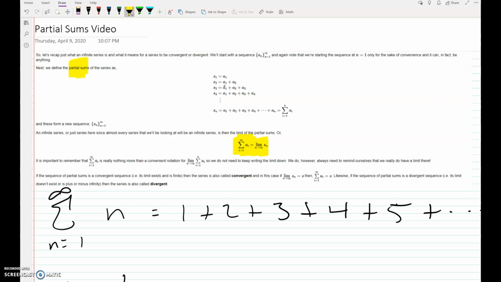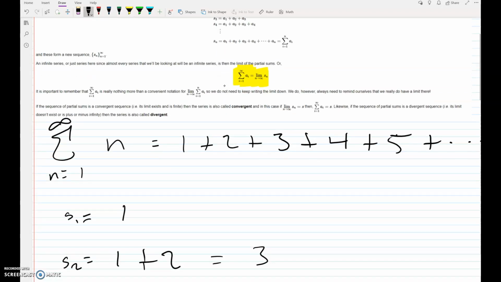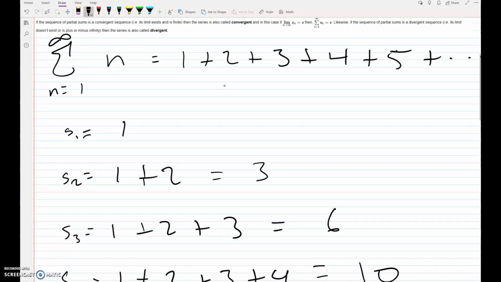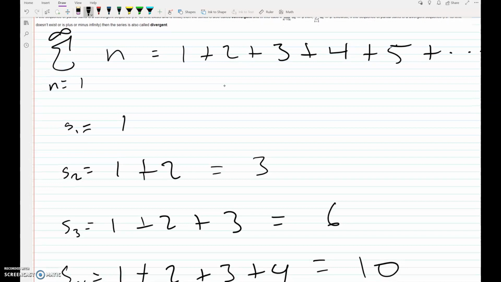Let's look at this example right down here. Let me scroll down a little bit. We're looking at the series, the sum of n starting at 1 to infinity. Let's write out all of the terms: 1 plus 2 plus 3 plus 4 plus 5, on and on, infinitely many times.